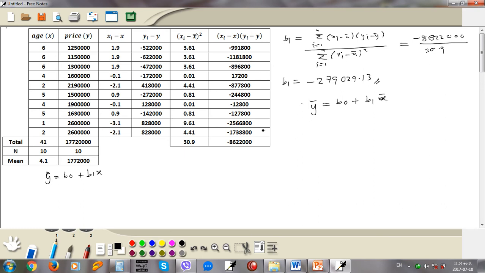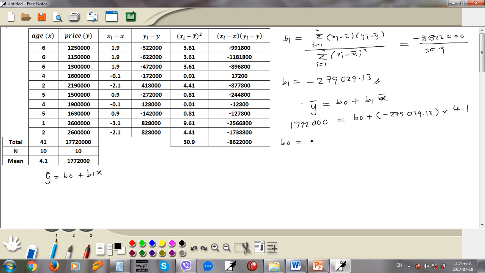So what is our y bar? y bar is 1,072,000, equals beta naught, which we need to find, minus beta 1, 279,029.13, then x bar is 4.1, right?